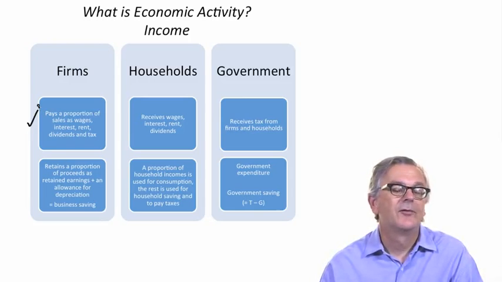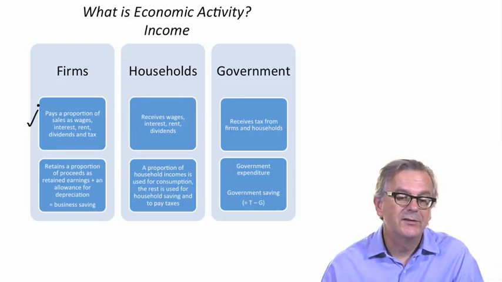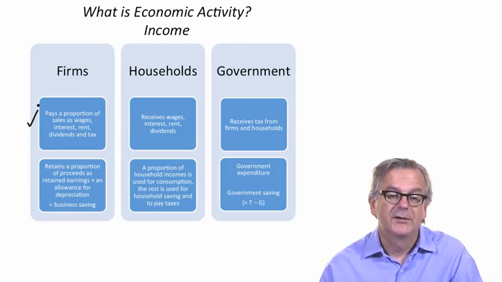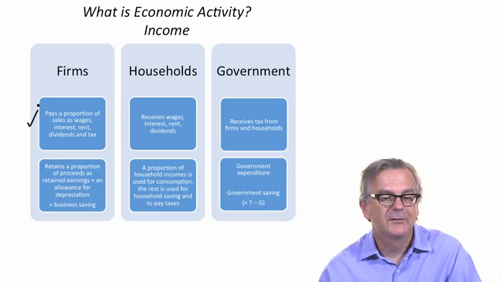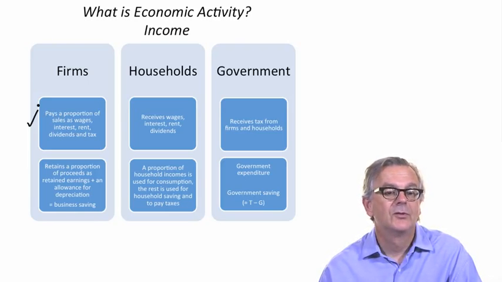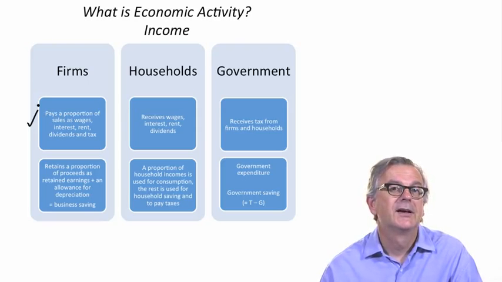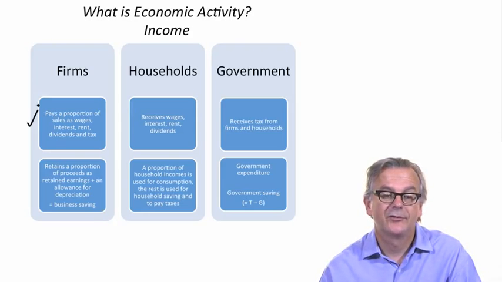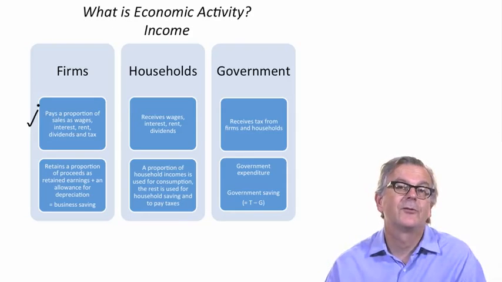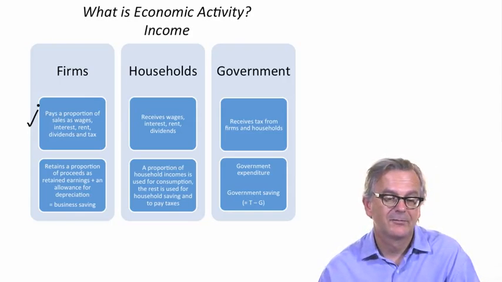It gets paid out in a variety of forms, as wages to its workers, perhaps interest on any loans that have been taken out in the past, rent, maybe the firm is renting its business premises, dividends which flow to shareholders, and any tax that the firm may owe to the government. So the sales receipts that come into a firm, some proportion is going to flow out of the firm as wages, interest, rent, dividends, and tax.